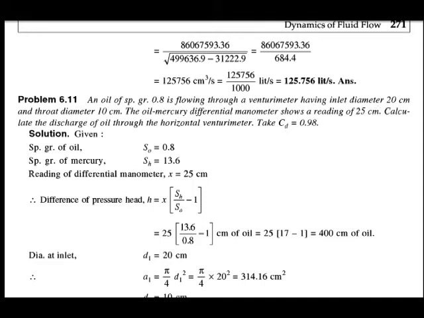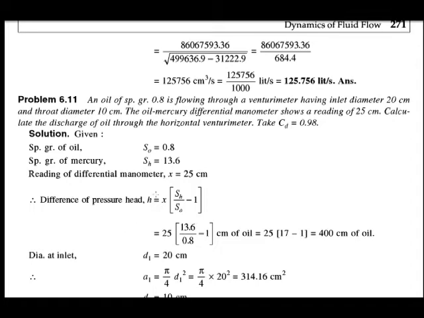What they have given: specific gravity of the oil S0 is 0.8, specific gravity of the mercury SH is equal to 13.6, and reading of the differential manometer X is equal to 25 centimeter. With the help of this we can easily identify the difference in the pressure head.